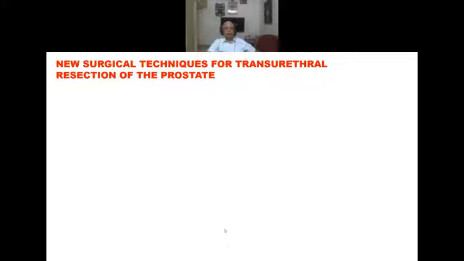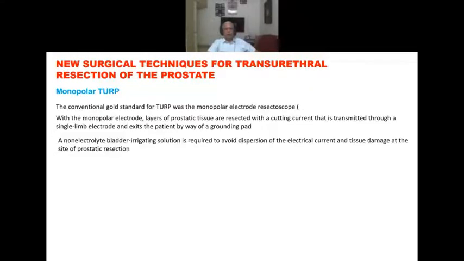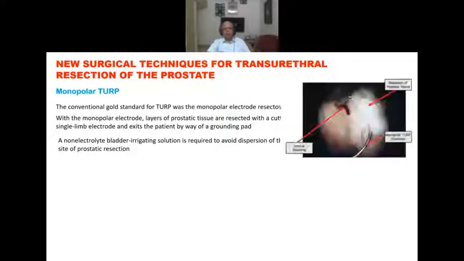Now, the newer techniques for transurethral resection of prostate. Earlier, it was monopolar TURP, where the electrode had only one projecting rod, and the patient used to act as the conductor. So they used to apply the electrode pad to the patient. And this is the picture of that monopolar type.